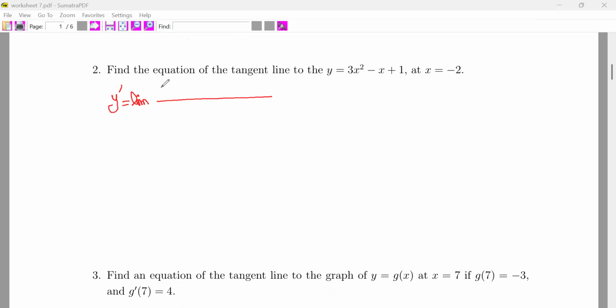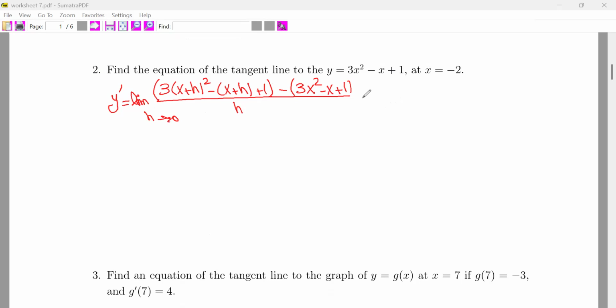So we have 3 times (x plus h) squared minus (x plus h) plus 1, minus the given function, which is 3x squared minus x plus 1, over h when h is approaching 0.